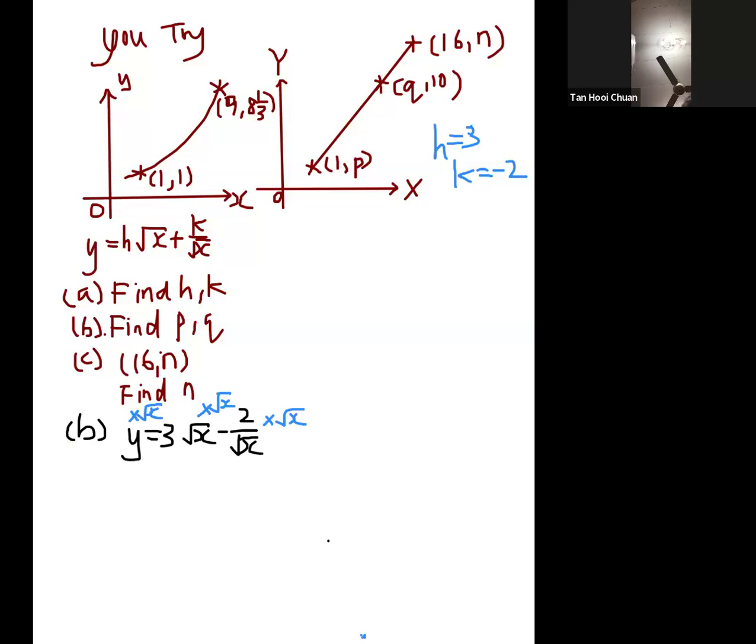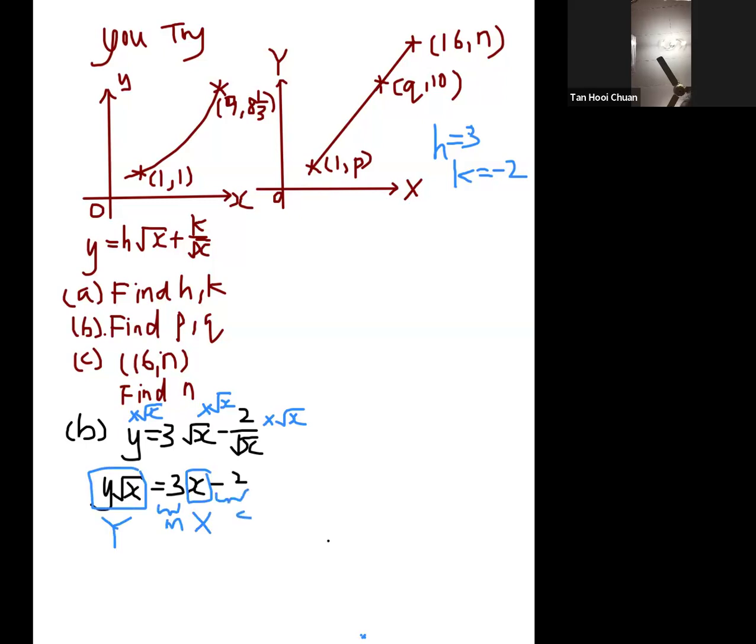So I change it to y with x equal to 3x minus 2. So this is my grade y. This is my grade x. This is my m. This is my c.